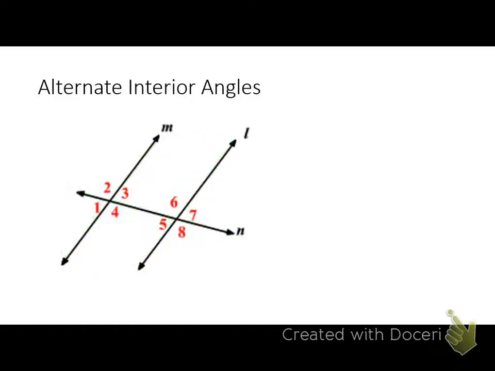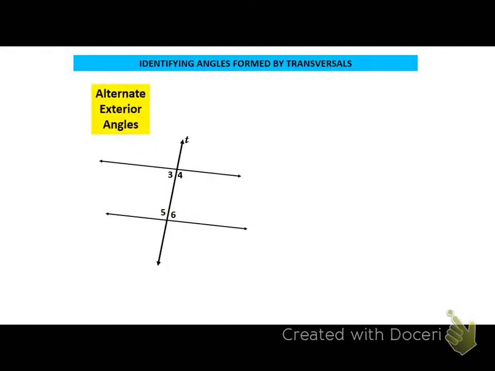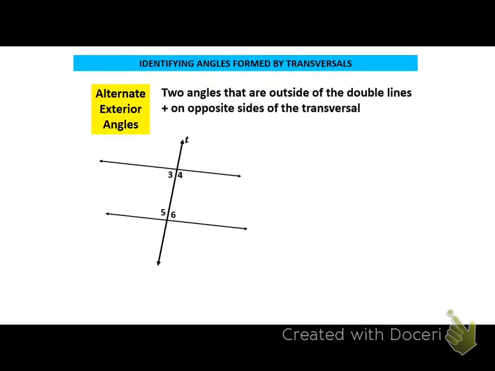It's going to be the same idea, except these are going to be located outside of the double lines. So there are two angles that are outside of the double lines and on opposite sides of the transversal.